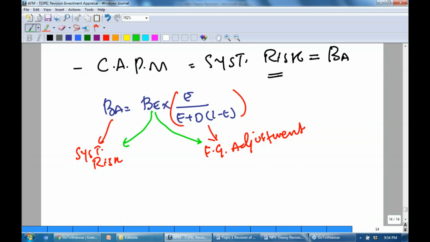Beta equity includes both elements, systematic risk and financial gearing adjustment.